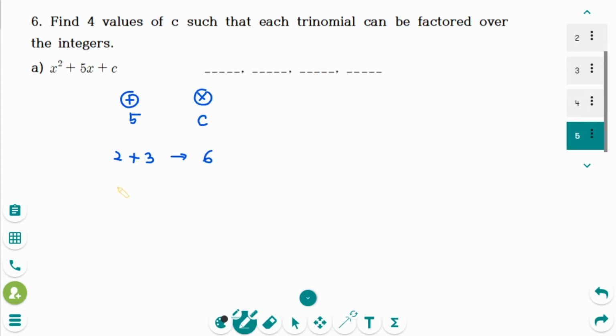If 1 plus 4 make 5, then C equals 4, because C is a product of two numbers. If minus 1 and 6, then C will be minus 6. If minus 2 and 7, then the product of two numbers is minus 14. So C can be 6, 4, minus 6, and minus 14.